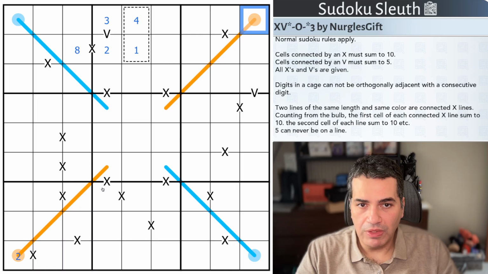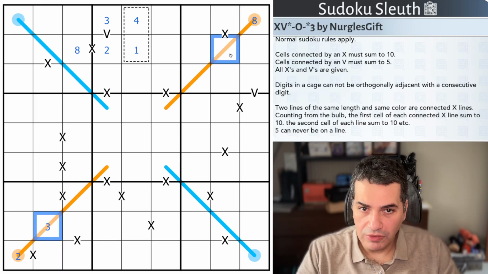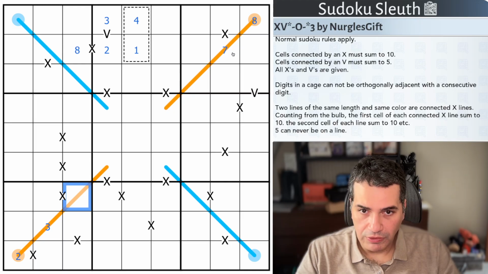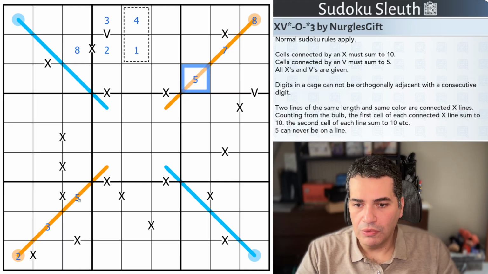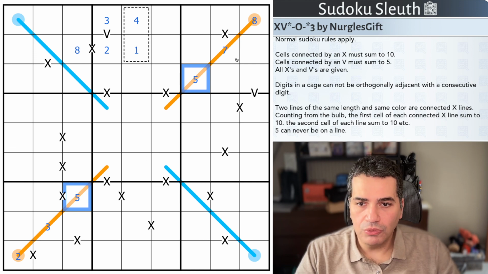It's saying that these two cells have to sum up to 10. So that would be an 8. If this was a 3, for example, well, it's saying that this cell now, the second one away from the bulb, has to be a 7, so that these two cells add up to 10. I couldn't do something such as double 5, although they do sum up to 10, 5s are not allowed on any of these lines. So that's all the rules we have for today.